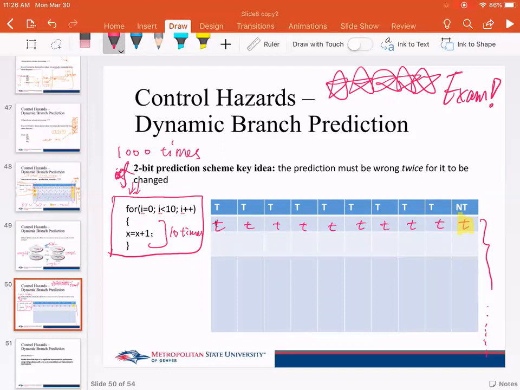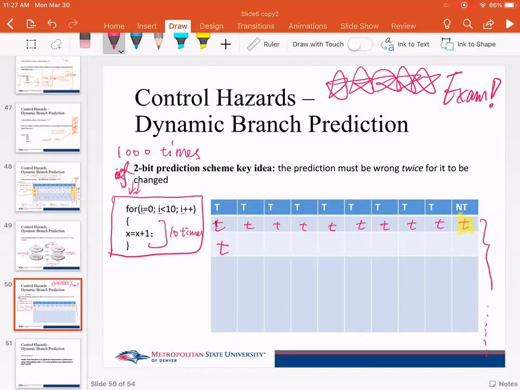Remember, we're using a 2-bit scheme, so I'm not that fast to change my prediction until I see myself making a mistake twice. So I made a mistake, and I don't really worry. I will keep predicting T because I don't want to update my buffer until I know myself has been wrong twice.